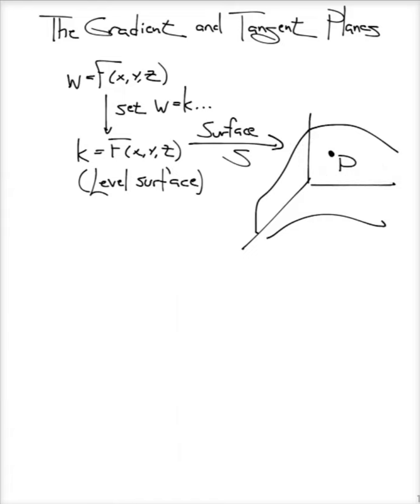And here's what we showed. Well, to make a long story a little shorter, we showed that we can construct lots of tangent lines at P, or lines tangent to the surface S at P. And the main result was the following, that the gradient of the function at P is orthogonal or perpendicular to all of these tangent vectors.